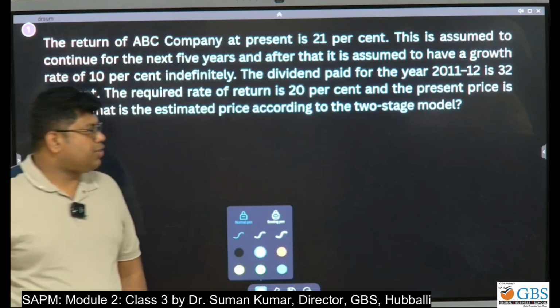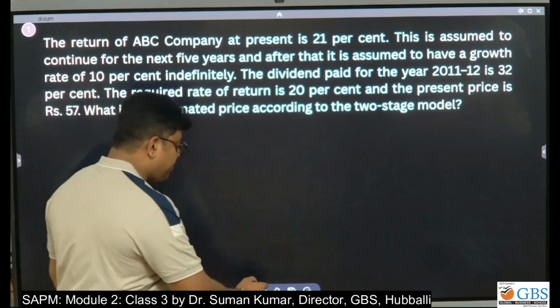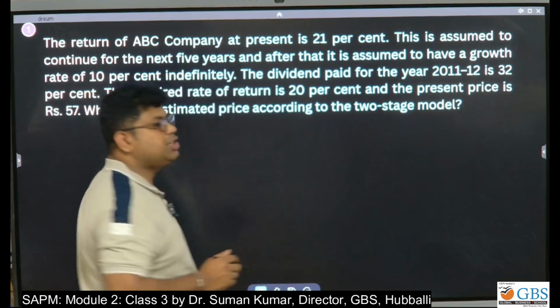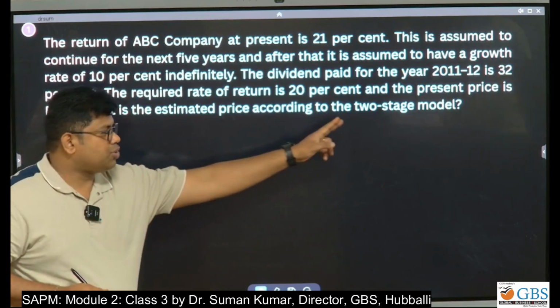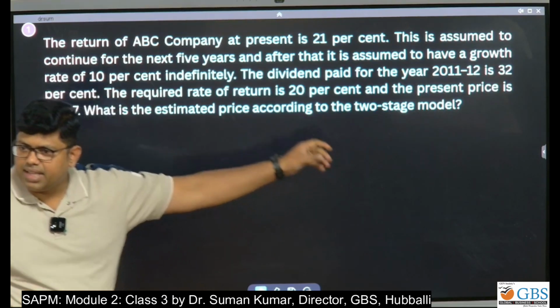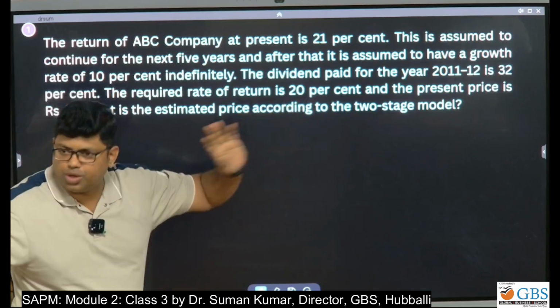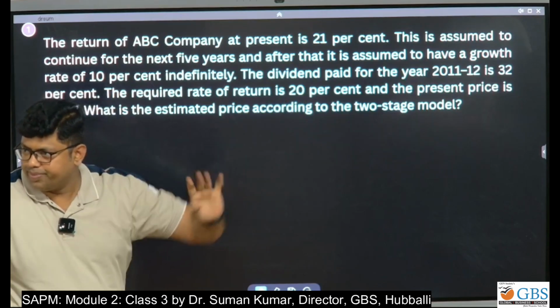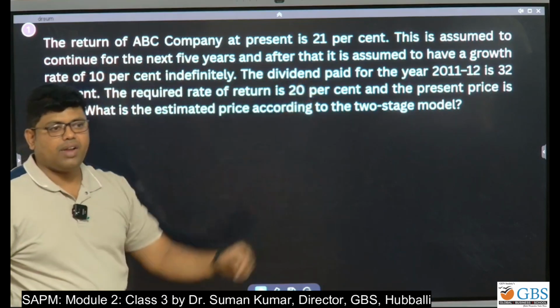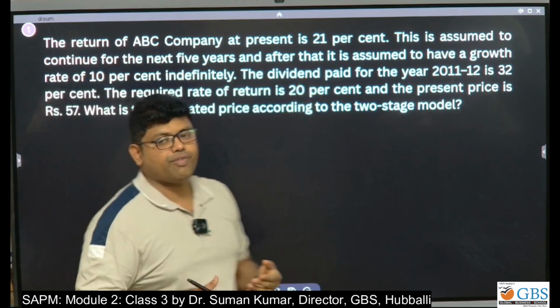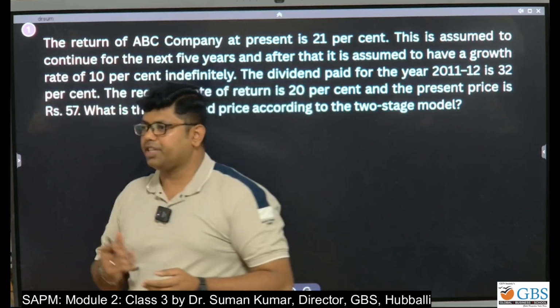In this, it is very clear that they have given a two-stage model. What is the estimated price according to the two-stage model? Assume that this statement is not given in the question. By reading the given data, we should be able to find out whether it is a two-stage model or a three-stage model.